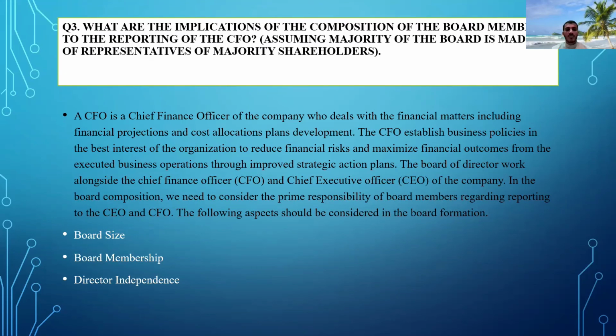Director independence should also be considered in the board composition. The board members should be able to work independently of management through a thoughtful and diligent decision-making process. There should be at least 3 non-executive board members who work with the chief executive officer and chief financial officer to deal with corporate business decisions.